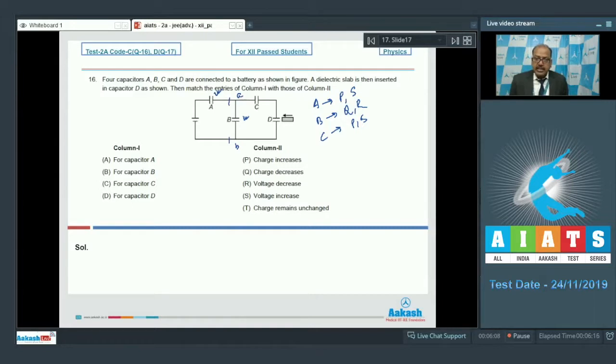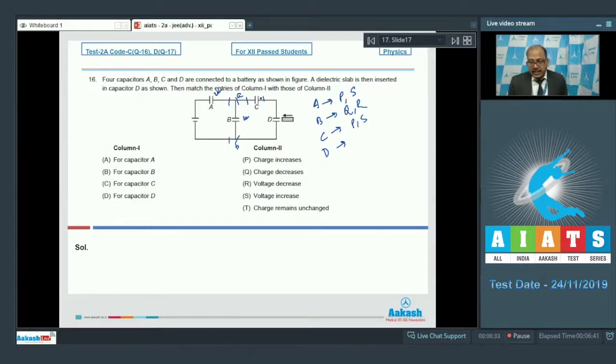Let us look at D now. For D, if charge on C has increased, charge on D has also increased. Now remember, potential difference between these 2 points has decreased and potential difference across capacitor C has increased.